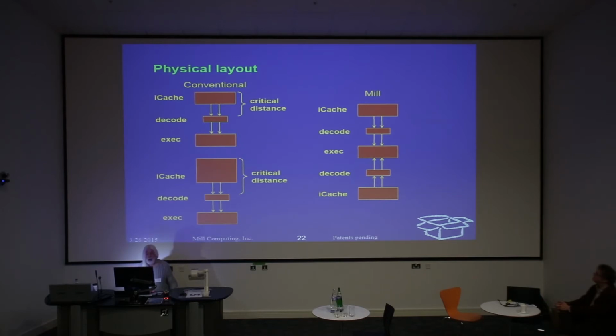As a result, we now have two critical distances, and we have the speed of a conventional machine, but with twice the cache capacity. Now, think about generating code for a machine in which a wide instruction is split and decoded in both directions. That is part of the task of our toolchain.